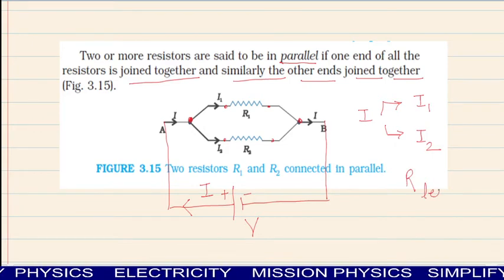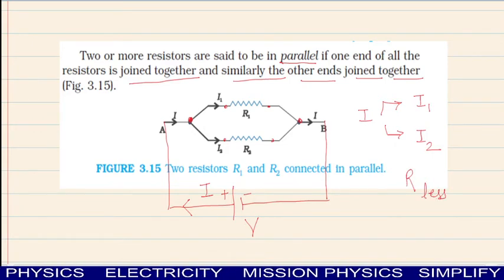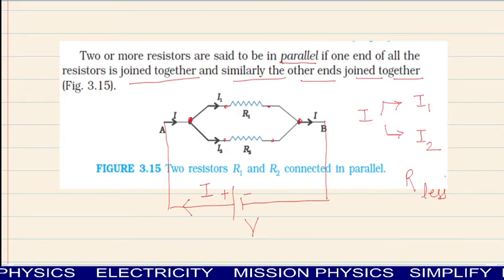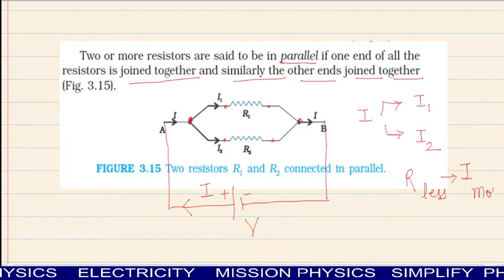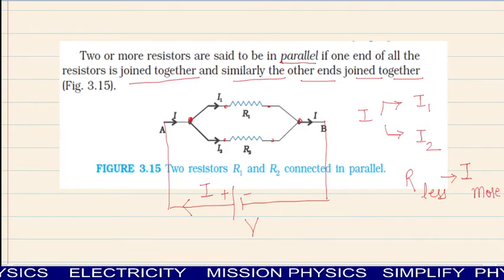So you have to determine first which is the less value of resistance according to Ohm's law. The current flowing through that resistance will be more.